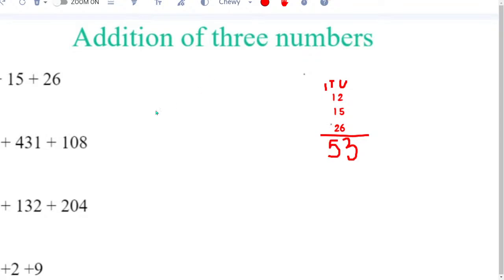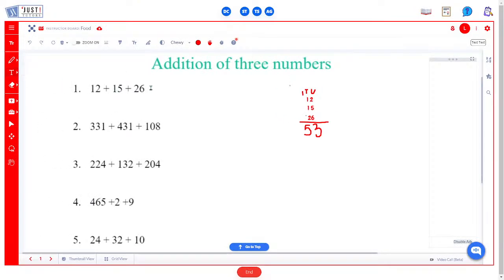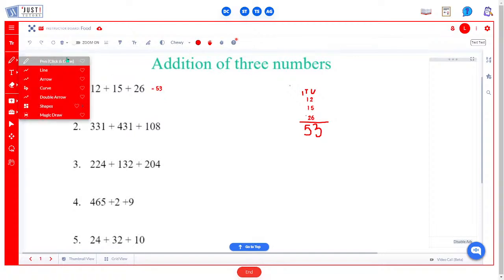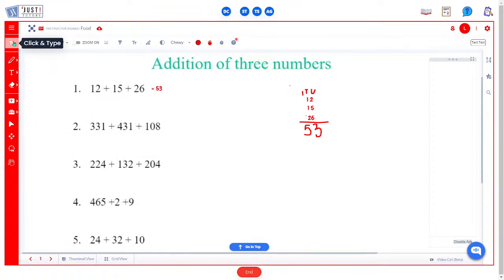So the answer for the first one is 53, right?